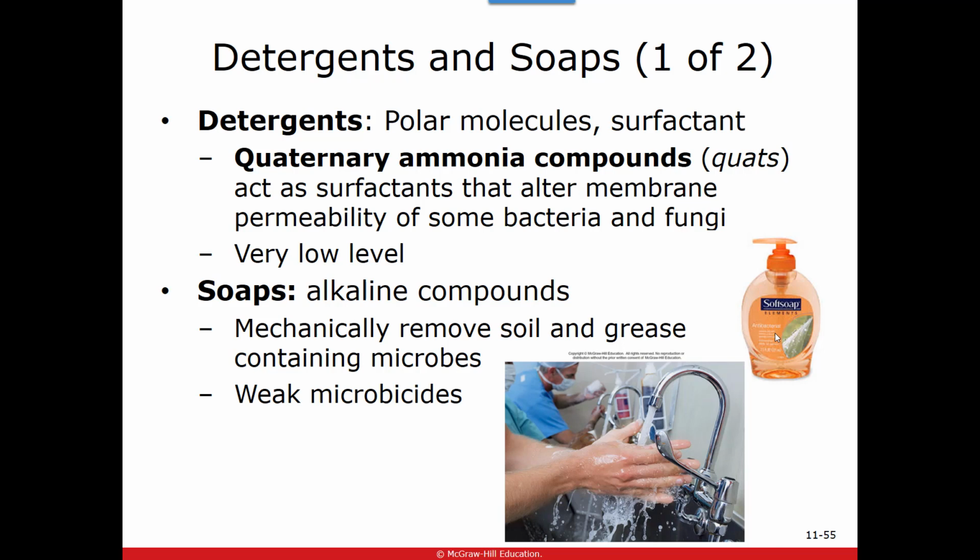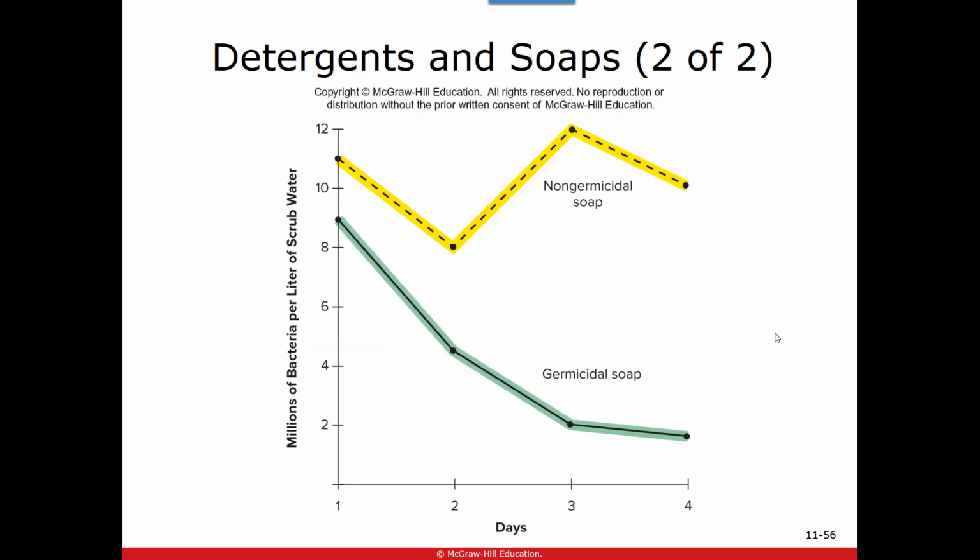Now, this is to show non-germicidal soap versus germicidal soap. A lot of times with soap, they are going to add something else that makes it germicidal. So it's not there just to physically remove the bacteria, it's there to kill as well. And germicidal soap is going to be more effective at removing the bacteria and then keeping them gone for long periods of time. Non-germicidal soap does remove organisms, but the interesting part is you can actually get an increase in bacteria on the surface.